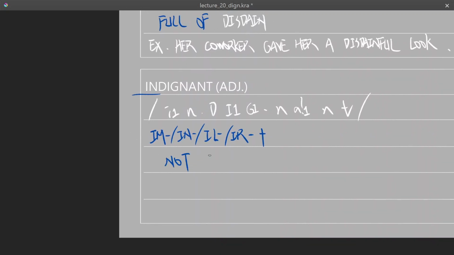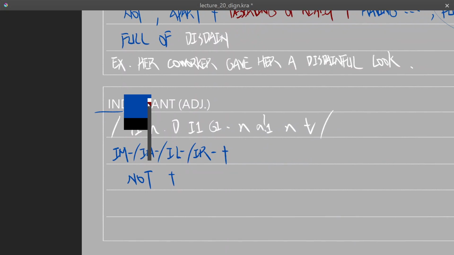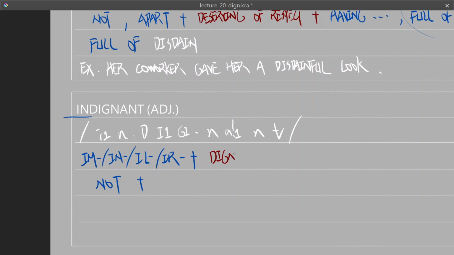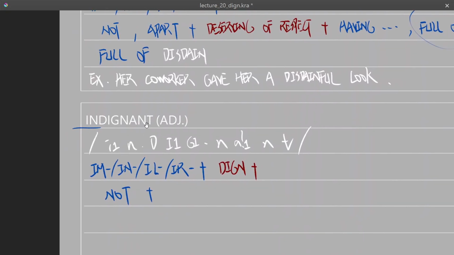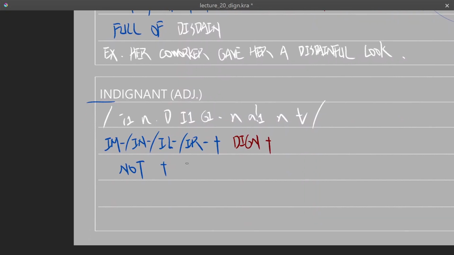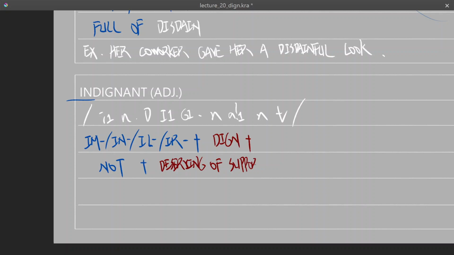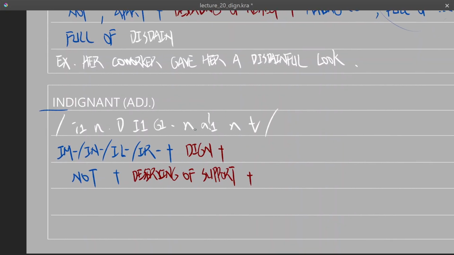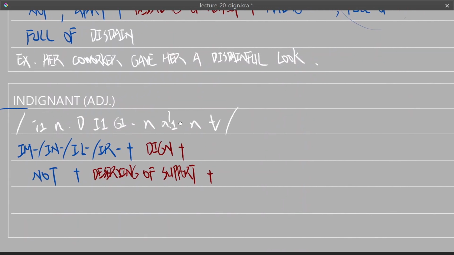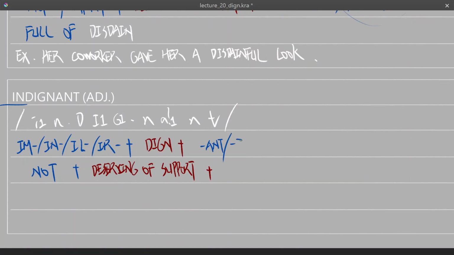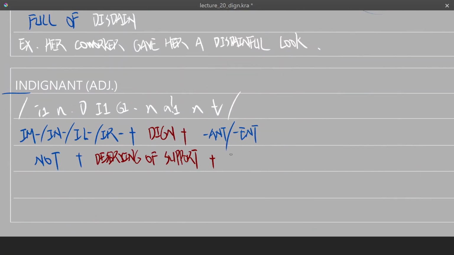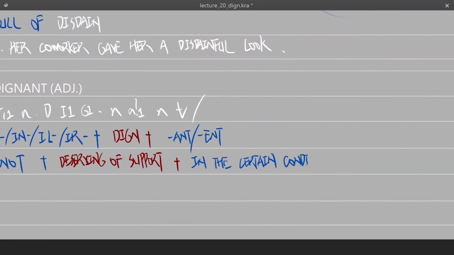It means not. And we have DIGN, meaning deserving of support in this case. And lastly, we have the adjective suffix ANT, in a certain condition.